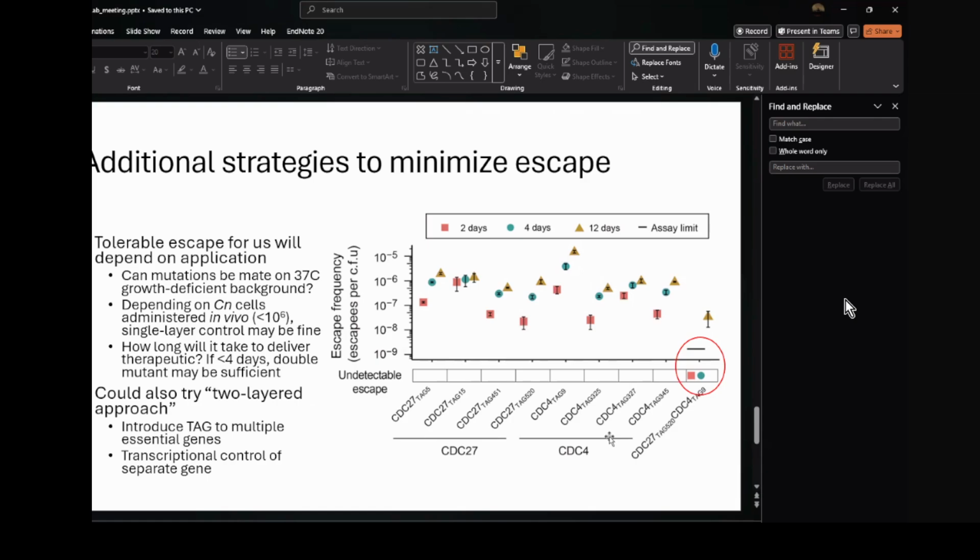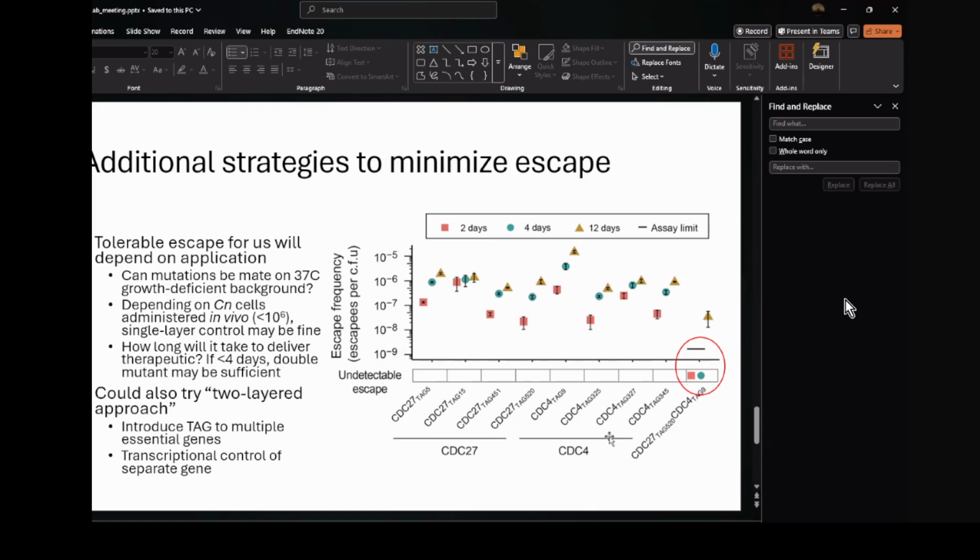So we might not need the backup strategy because they were looking at up to 12 days and in very large fermentation conditions. I don't know what the inoculum size would be to deliver your nanoparticles, but if it's less than the 10 to the 9 cells that they are concerned with here, if they're looking at an escape rate of 10 to the 9, and we're only introducing 10 to the 6 cells, we might not need to have a backup strategy.